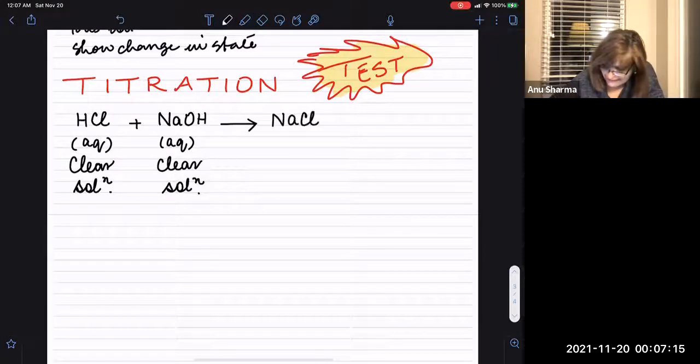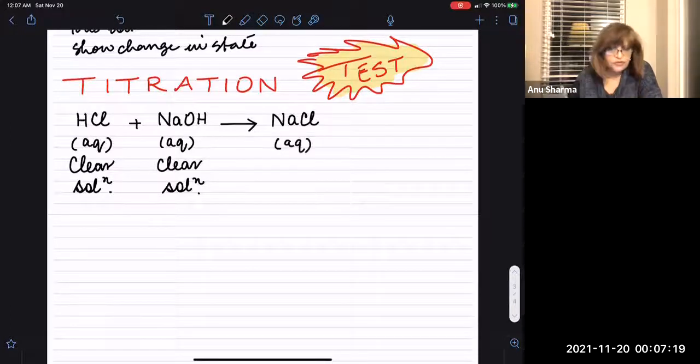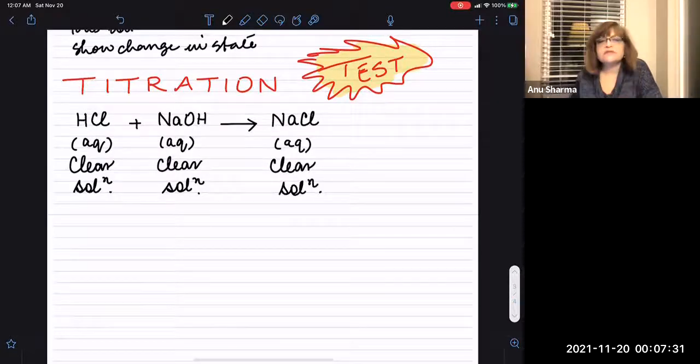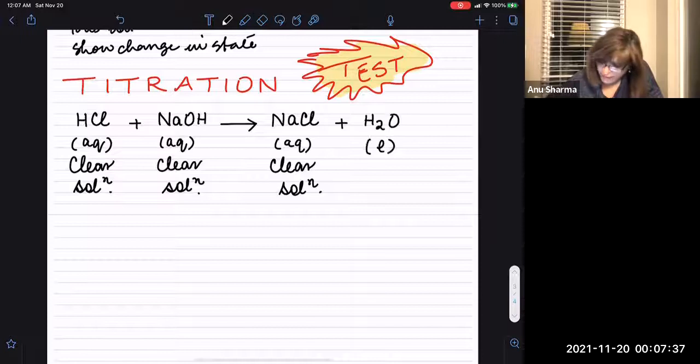In this case, it's NaCl, which is also soluble in water. And so once that salt becomes soluble in water, remember, it gets solubilized or hydrated. And so what do you see? This is also forming a clear solution. And there is water, which is a liquid, but that also is a clear liquid.